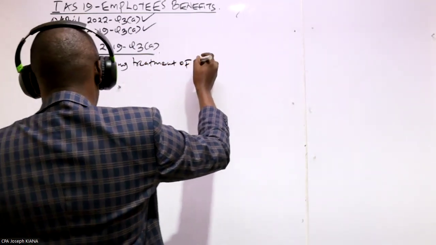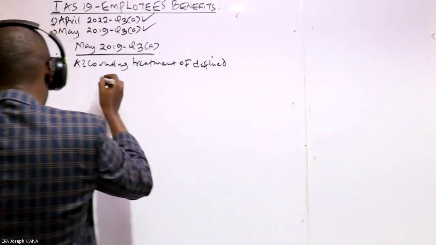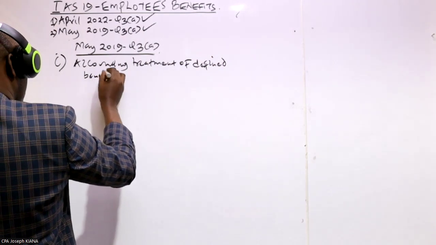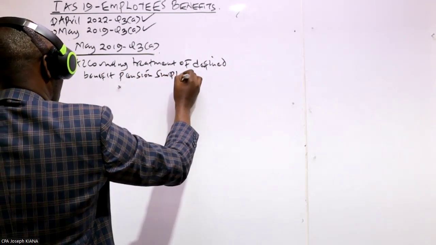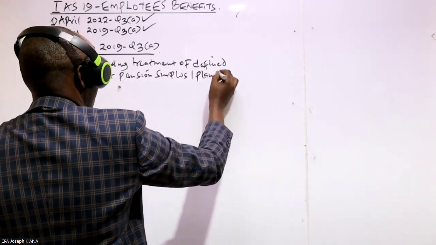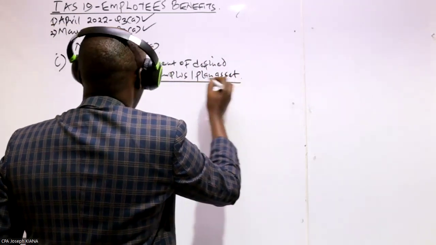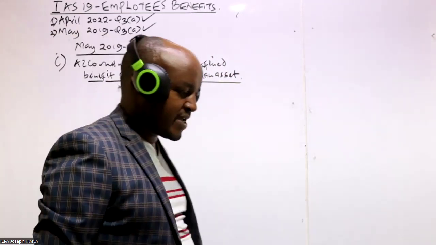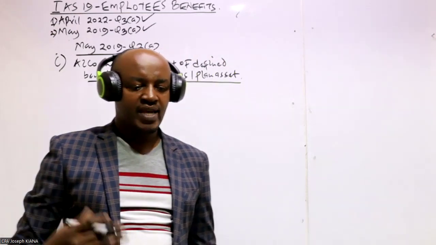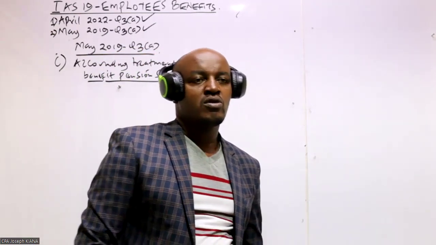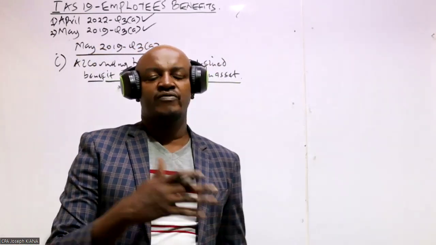of the defined benefit pension surplus, or the plan asset. Basically, a plan asset arises whereby the fair value of the plan assets owned by a retirement benefit scheme exceeds the present value of the defined benefit obligation, either at the start of the year or at the end of the year.